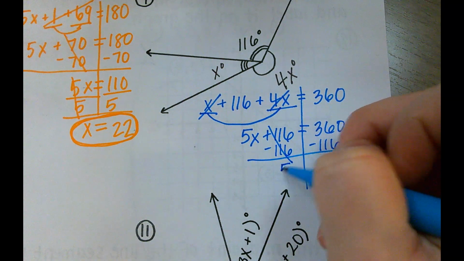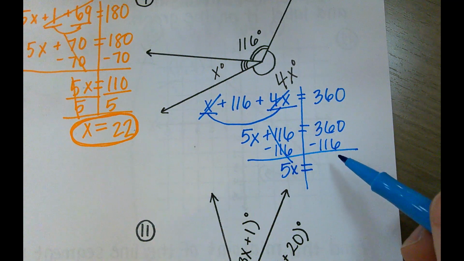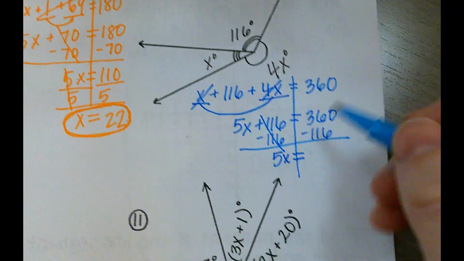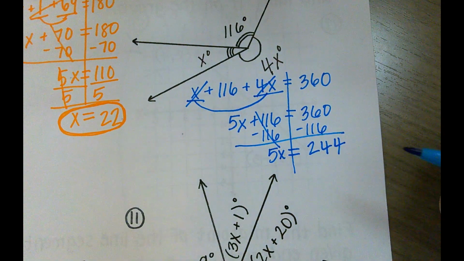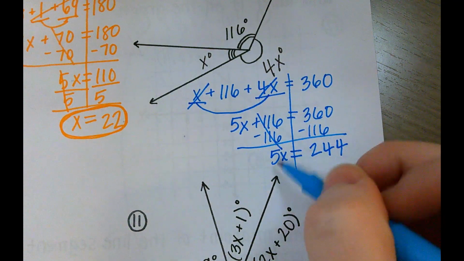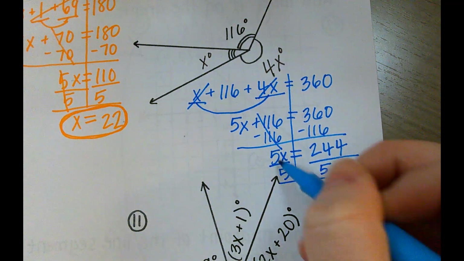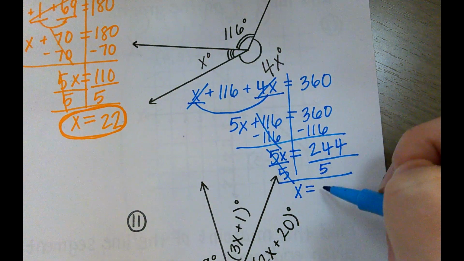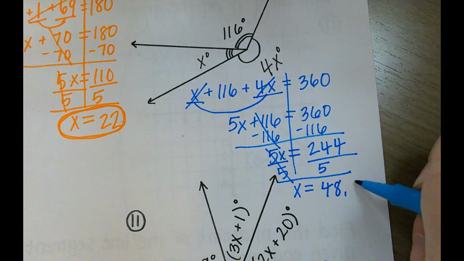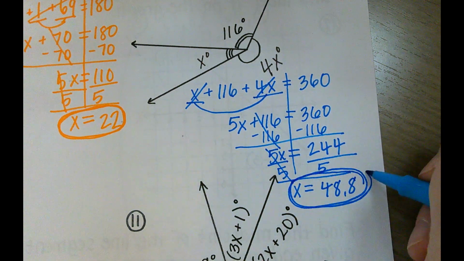Bring everything down. 5x equals 244. And you will get a decimal for this one. That's okay. Divide by 5. You get x is 48.8. Perfect.